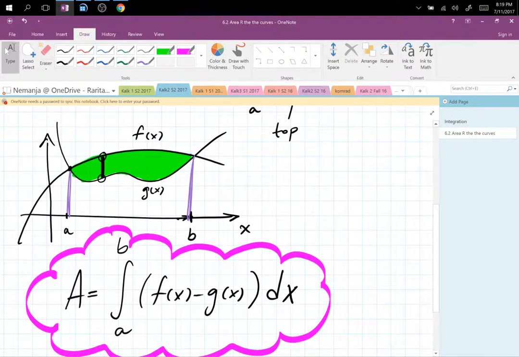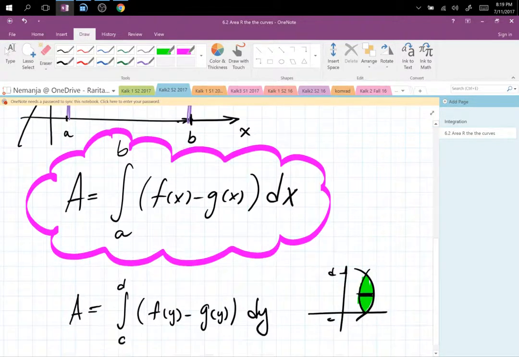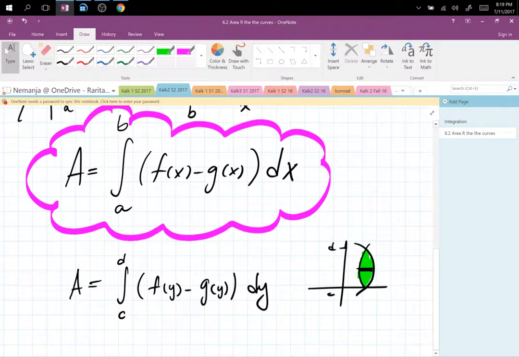So representative rectangles move from a to b, those are your limits, and then it's top minus bottom, function on the top minus the function on the bottom. For your dy, it moves from bottom up, c to d, and it's going to be right minus left. Think of x-axis and y-axis as the default position.